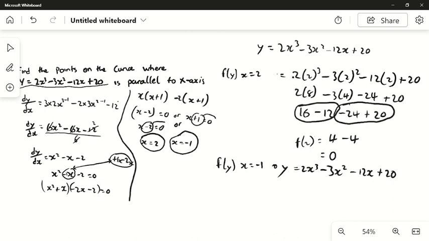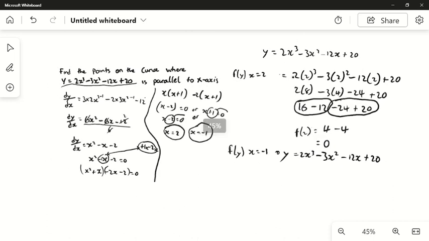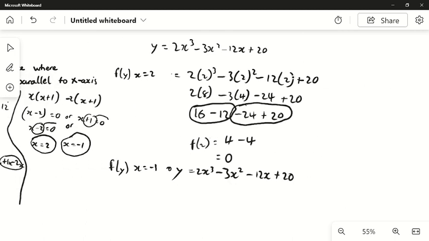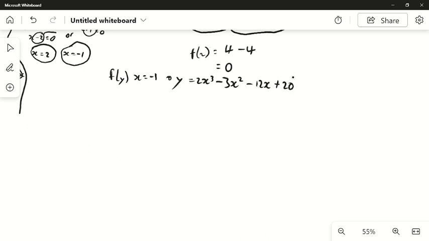So we can say it's equal to 2 open bracket minus 1 cubed, minus 3 in bracket minus 1 squared, minus 12 open bracket minus 1 plus 20. So this is minus 1 in 3 places multiplying themselves, which is going to give us minus 1.